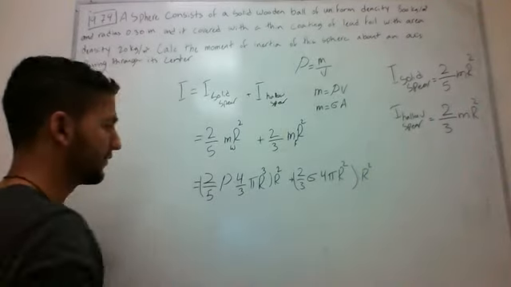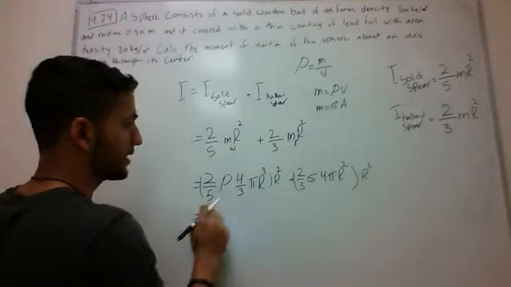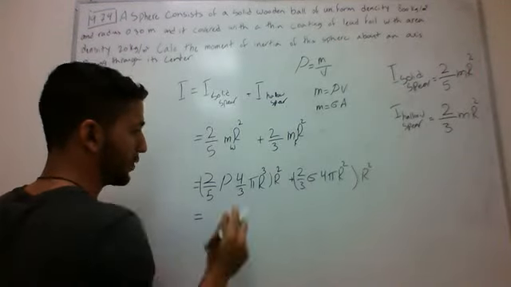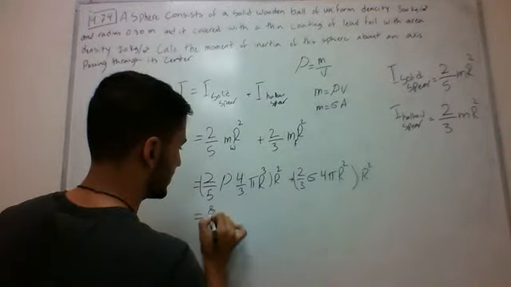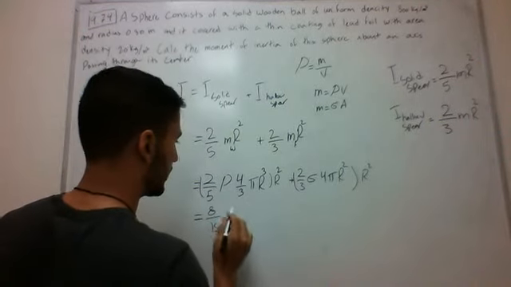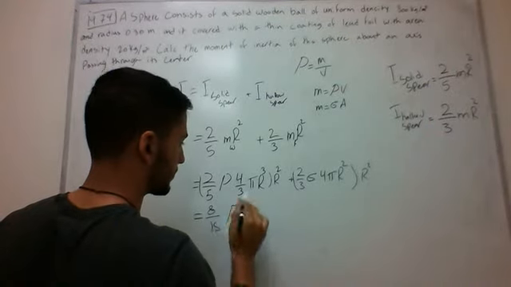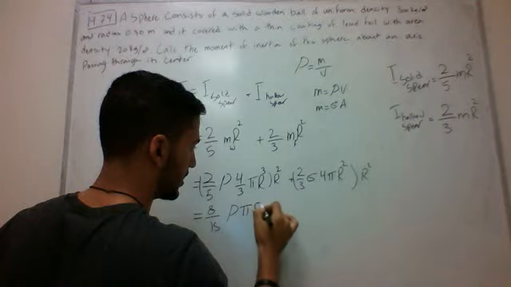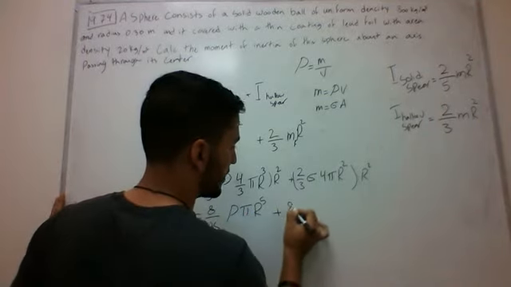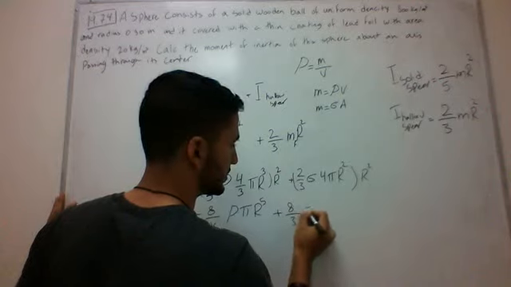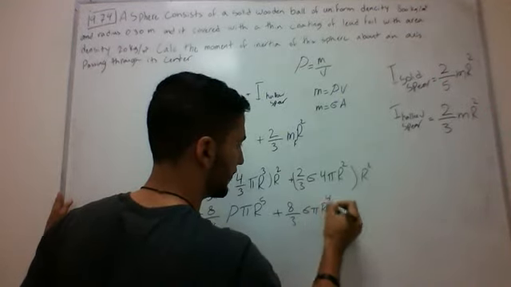Okay, now let's try simplifying this equation so it would be easier to handle. So multiplying the numbers, multiplying the exponents to have one exponent. So it's going to be 8 over 15 rho pi r to the 5 plus we're going to have 8 over 3 sigma pi r to the 4th.